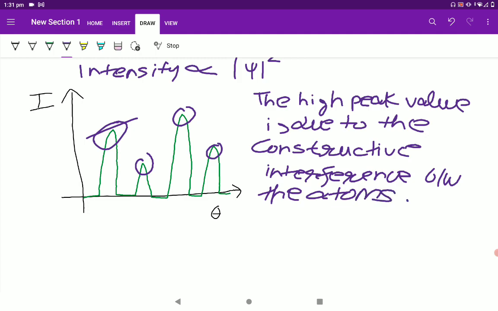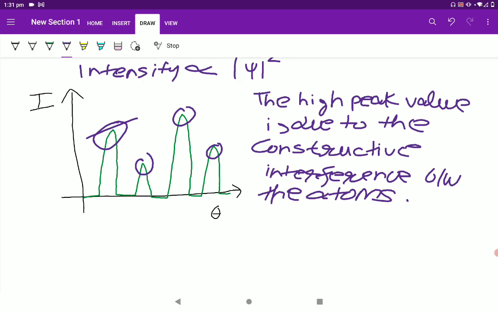The probe must be monochromatic for X-rays, that is, it should be of the same wavelength. For particles, monochromatic means they should all have the same quantum wavelength, that is, the same energy or the same velocity.